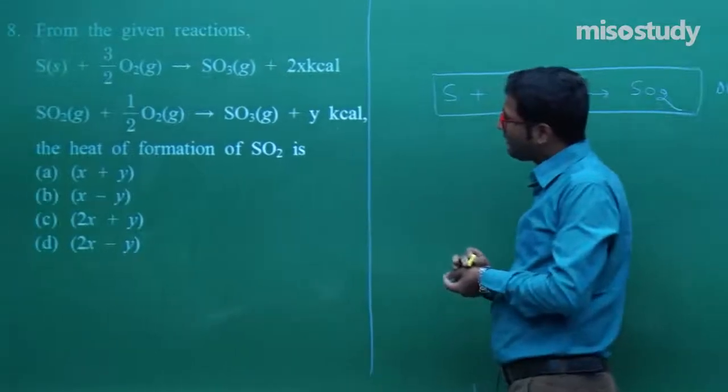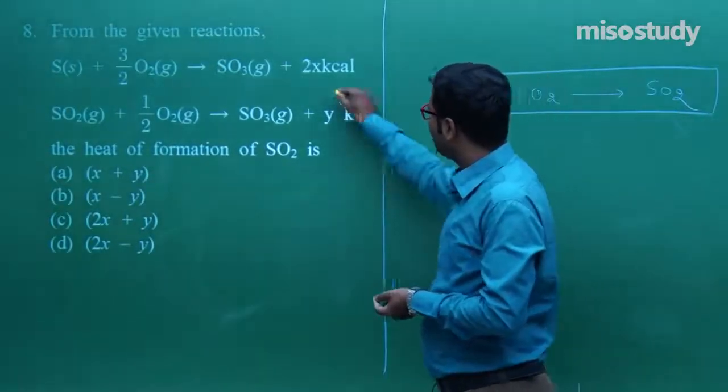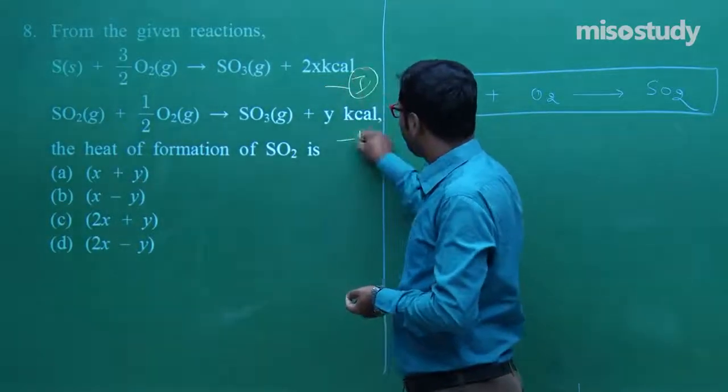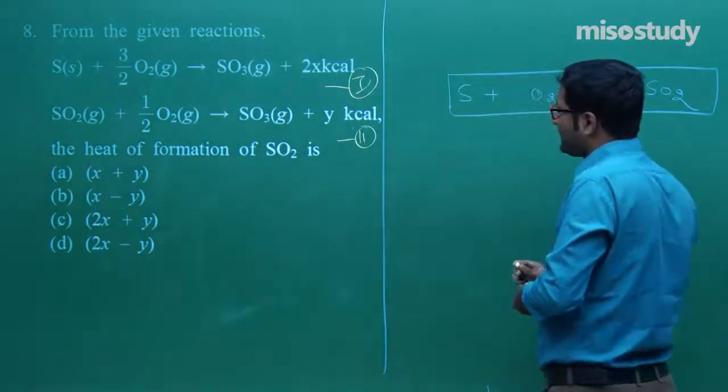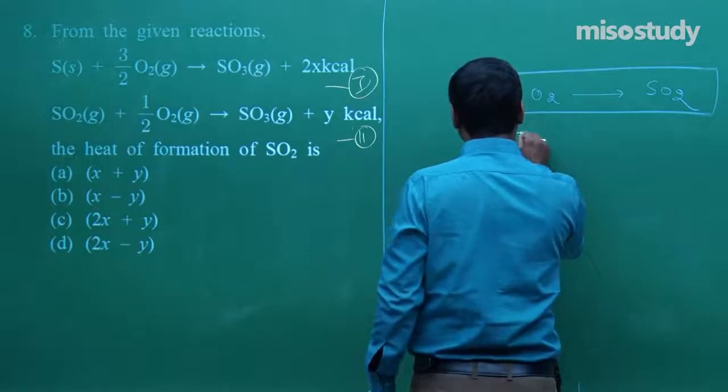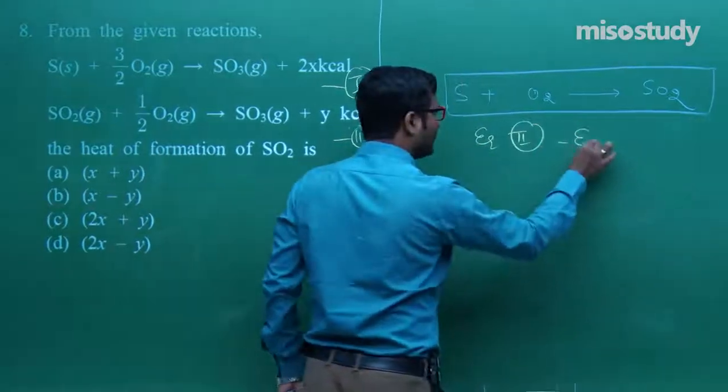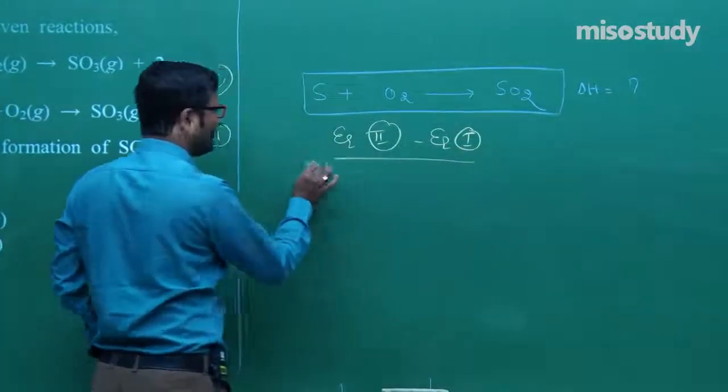Now how to achieve this expression by using these two expressions? Look, if I take equation 1 and equation 2, and subtract equation 2 minus equation 1, then what will happen? Check it out, friend.